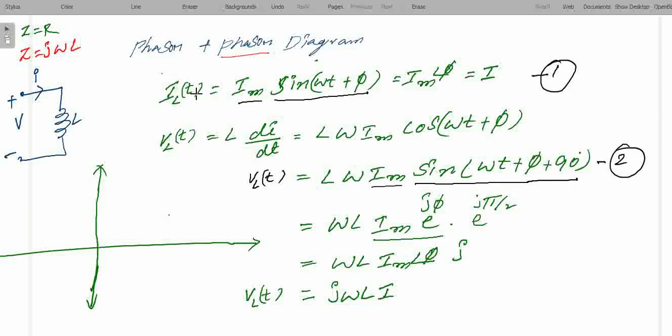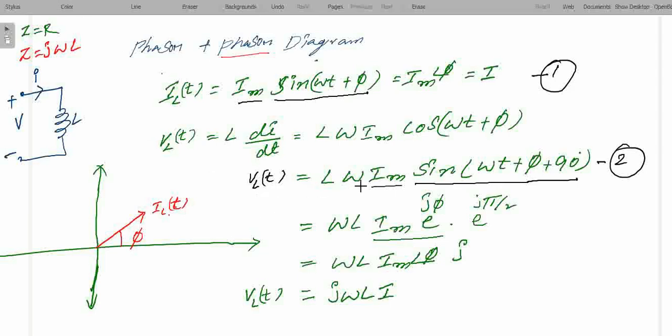Let us draw for IL of t. This is your Im, and this is your angle of phi. This is your IL of t. Next, let us draw for VL of t.